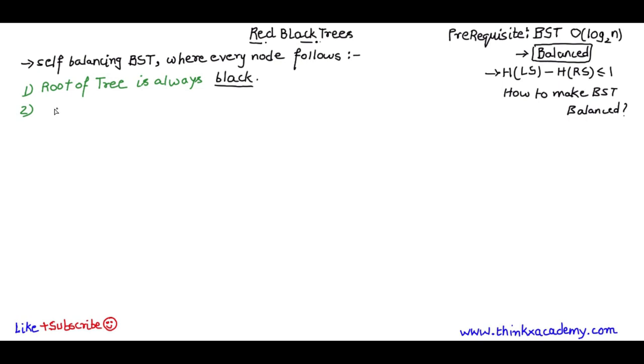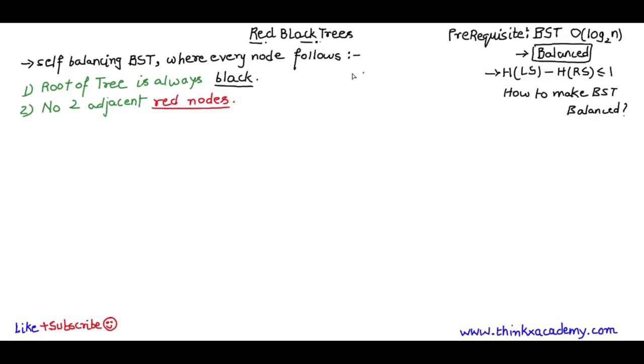The next rule says that there are no two adjacent red nodes. I'm going to use a red color to represent red nodes. So in a red-black tree, the root of the tree is always black, and there are no two adjacent red nodes.